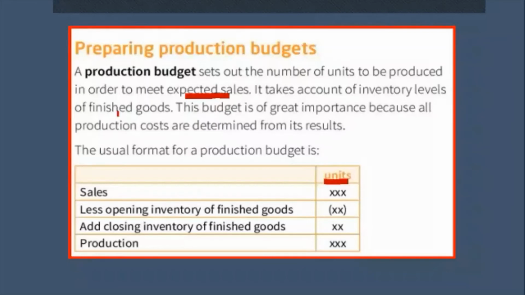From that we will minus any opening stock. If we have opening stock, we don't have to produce those, so we minus it from the sales. And the closing inventory, we want to keep some on hand in case, so we are going to add that on to the sales, and we will get the amount we want to produce here.